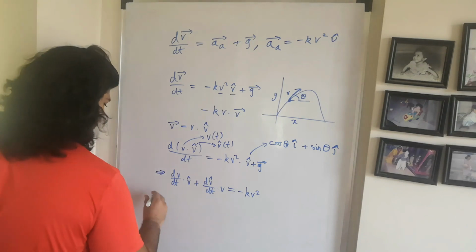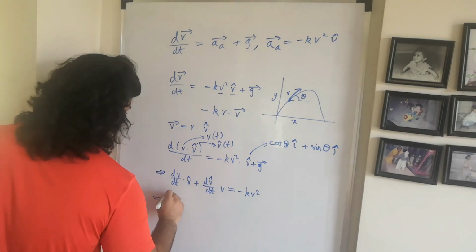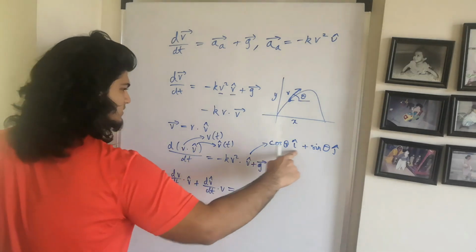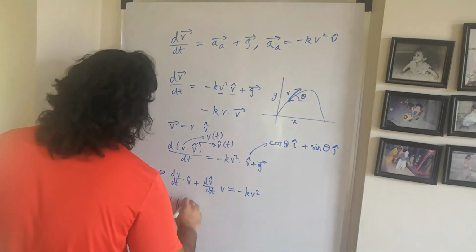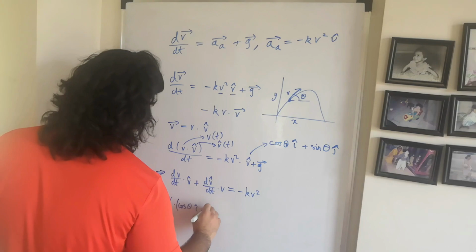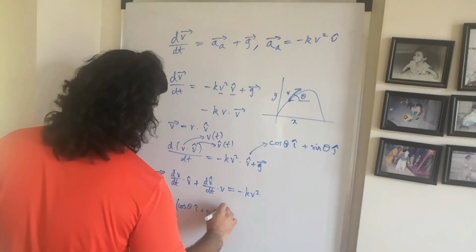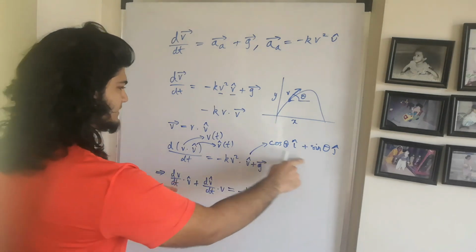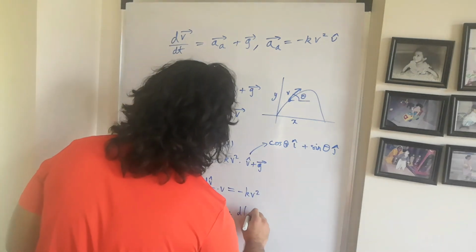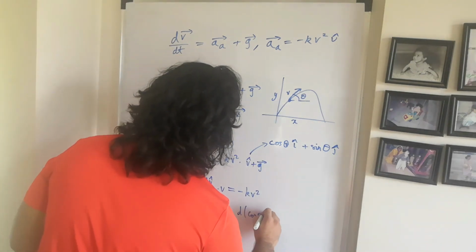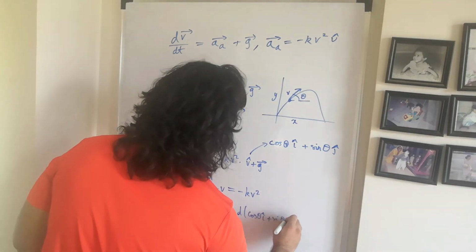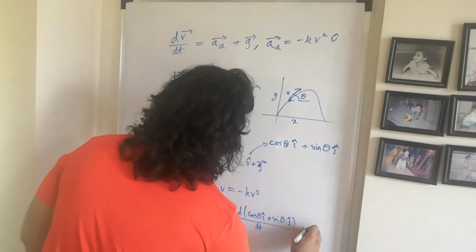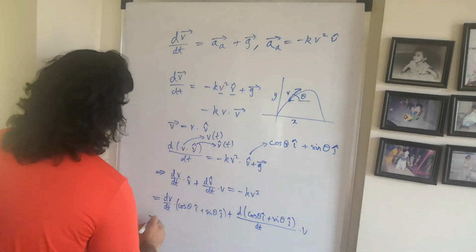So we can write this as dv by dt times, now v hat is this thing, so cos theta i hat plus sine theta j hat, plus, once again you can write v hat as this, so you'll have d of cos theta i hat plus sine theta j hat over dt times v, and that is equal to this thing.